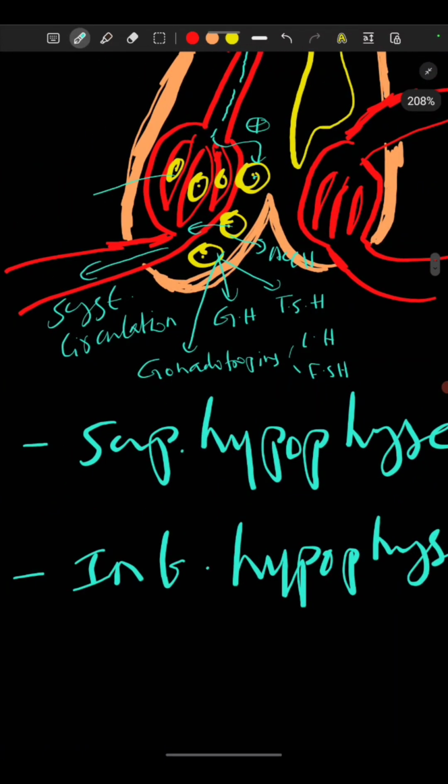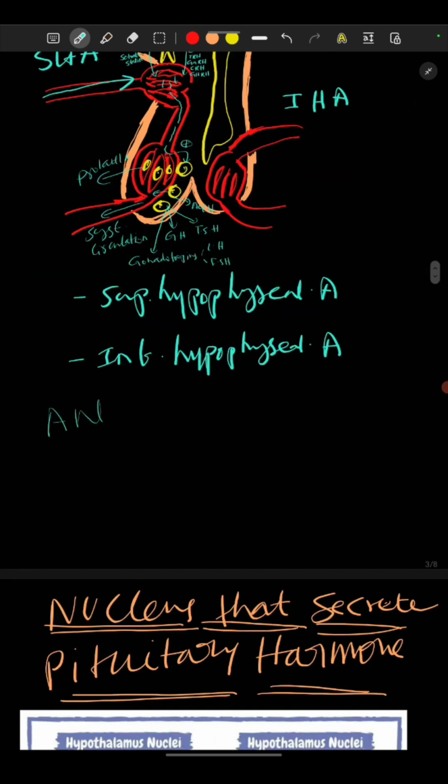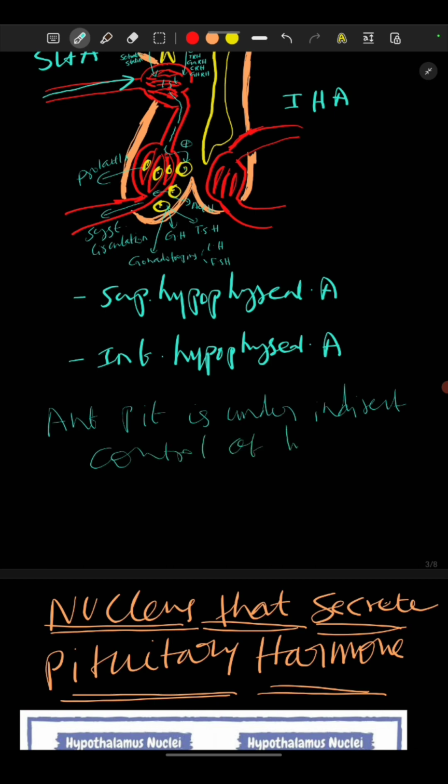It also secretes prolactin. The anterior pituitary is under indirect control of the hypothalamus.